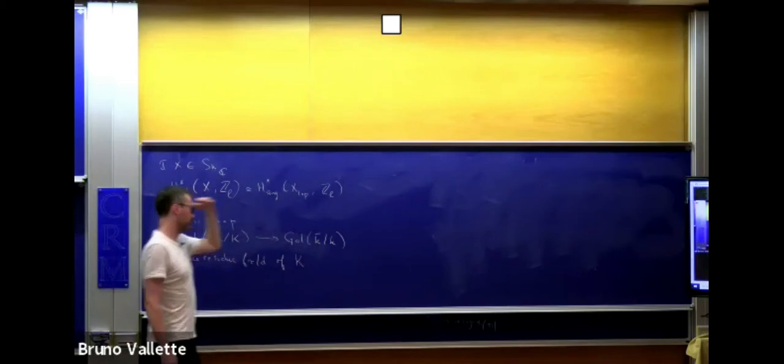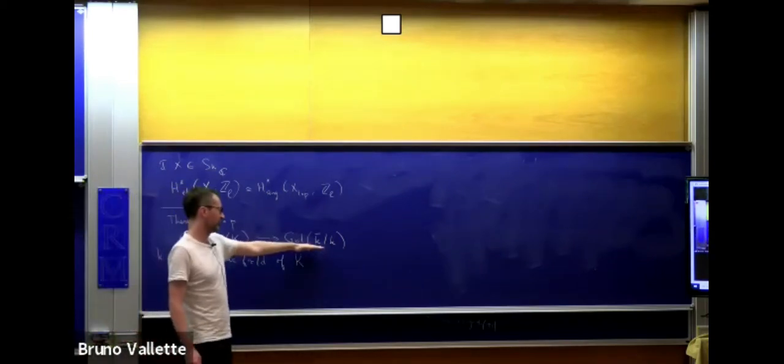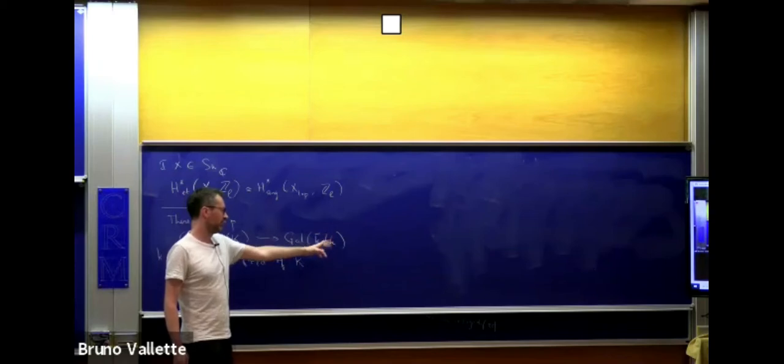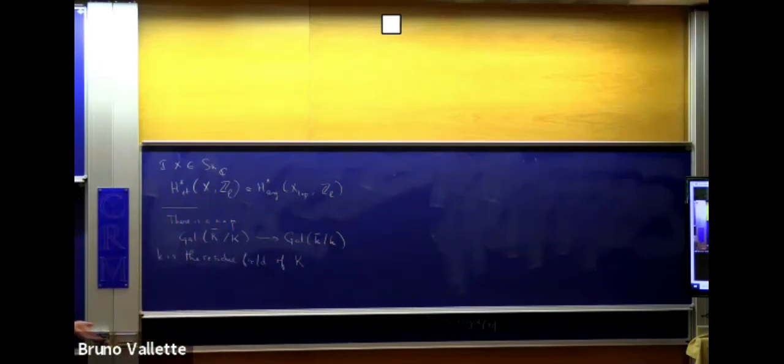I'm going to explain how it works. If you have a finite extension of little k, you can lift it at the integral level using, for instance, Witt vectors.